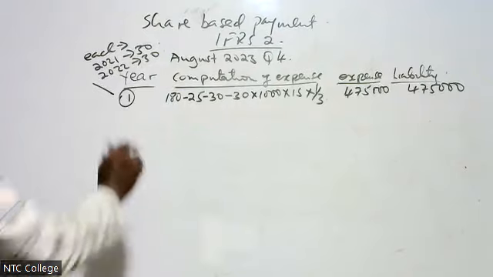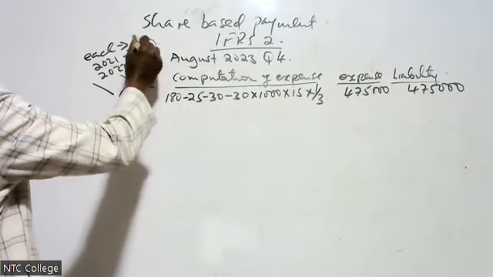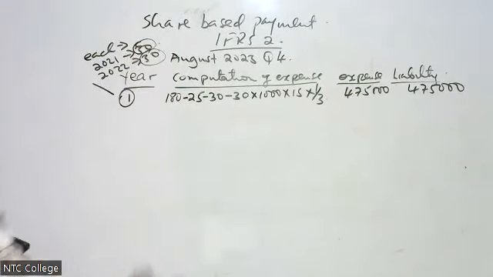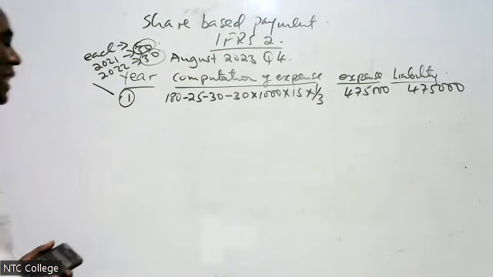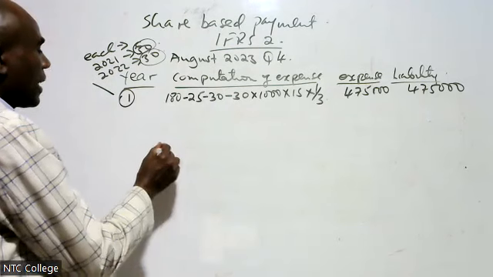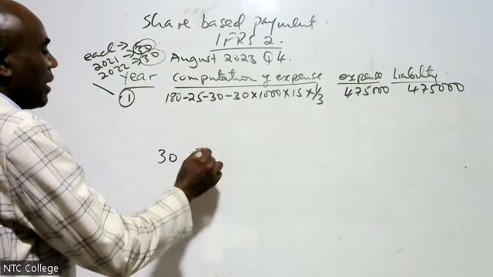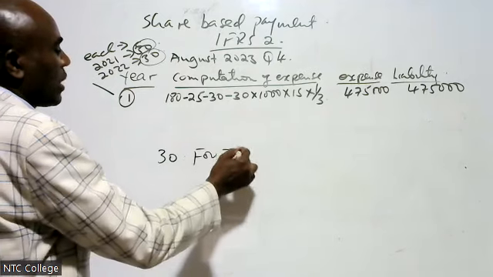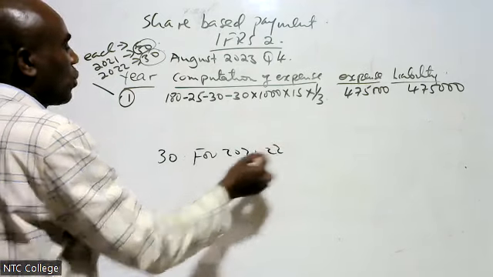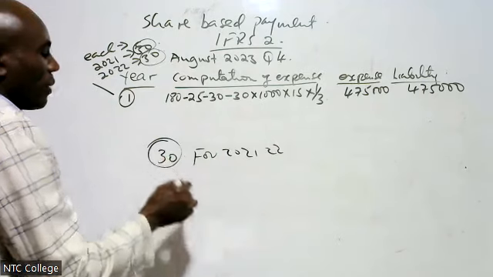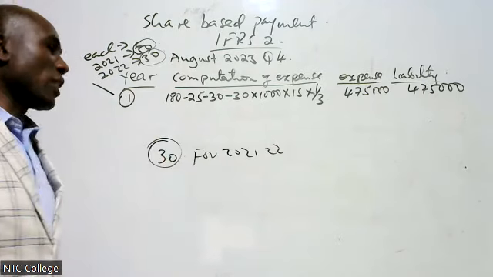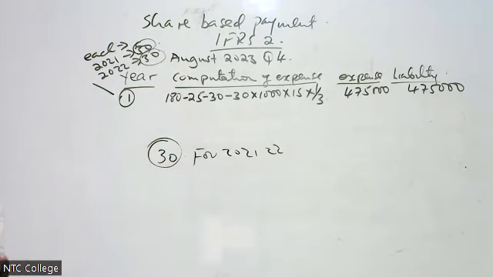"In each" means that in year 2021, they will leave, and in year 2022, they will leave. But if the examiner says we expect that 30 employees will leave for years 2021 and 2022, then we only take one.